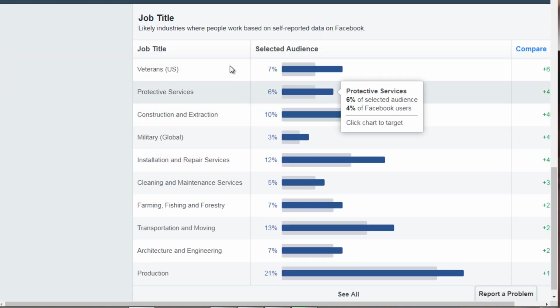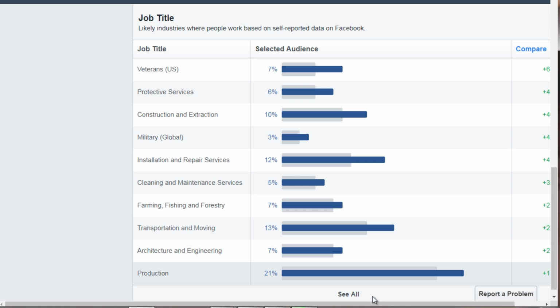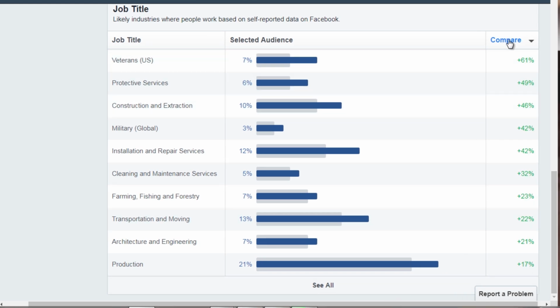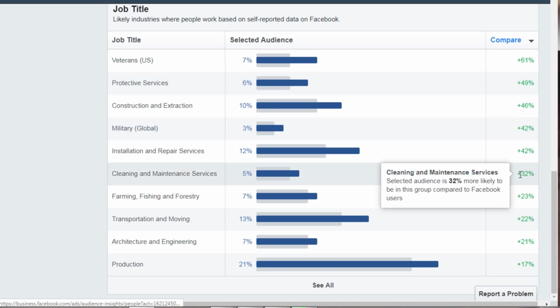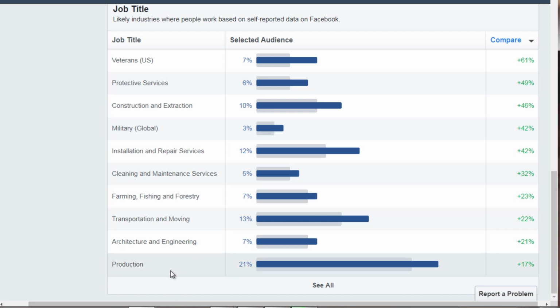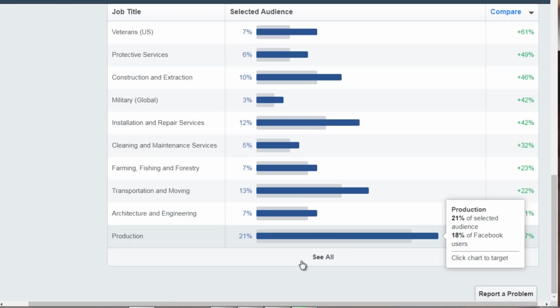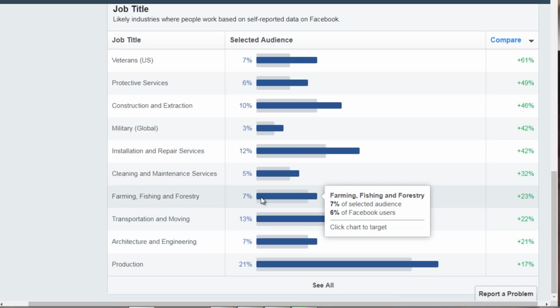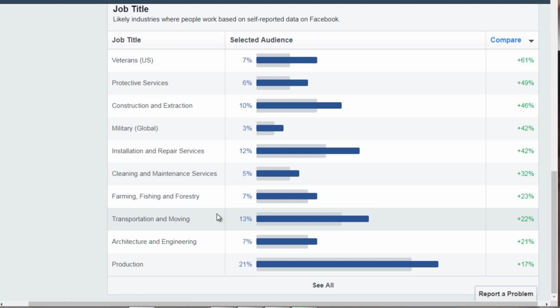We can see the job title, now if I scroll to the right here, this is important because it tells you which one of these are increasing rapidly. Now we can see that production has the most. So it has 21%, and then it's got transport and moving 13%. So what this means is the people who are interested in scuba diving that are in this specific interest have this particular job title.